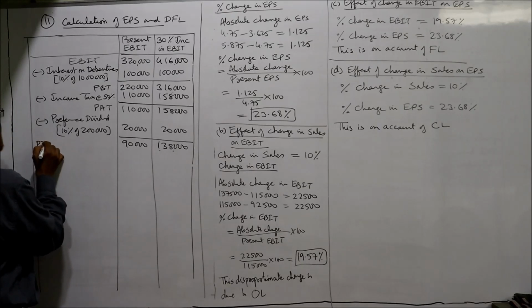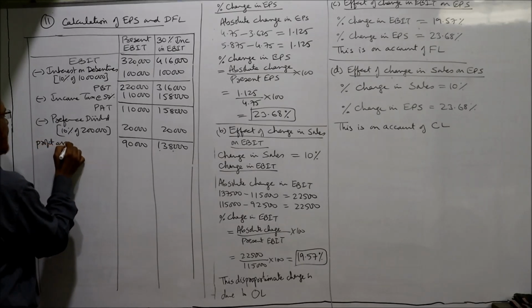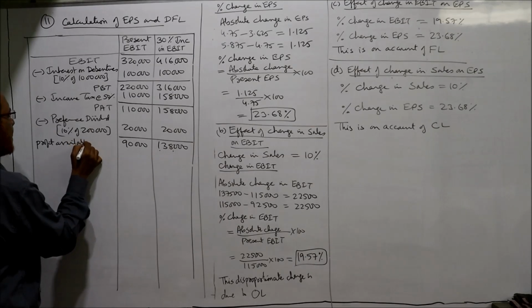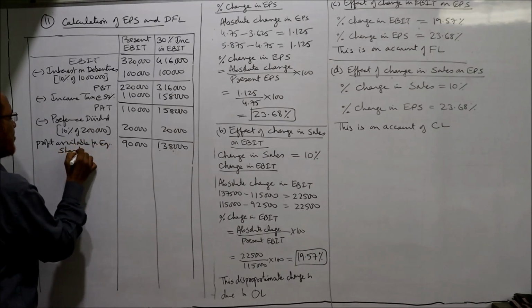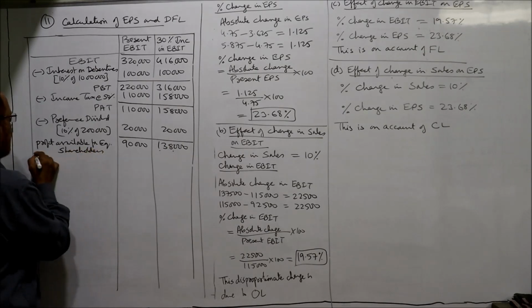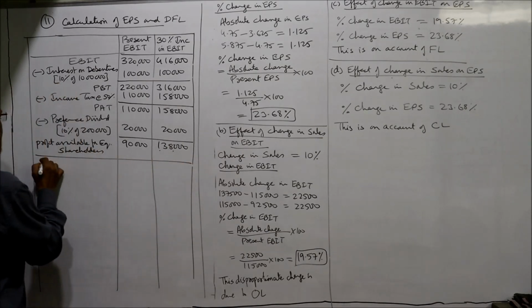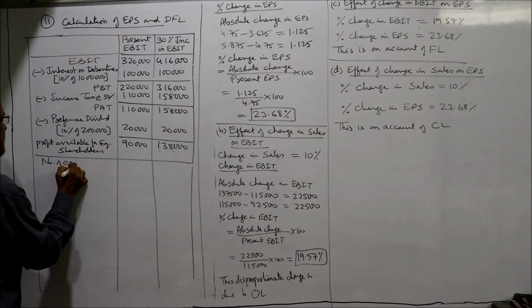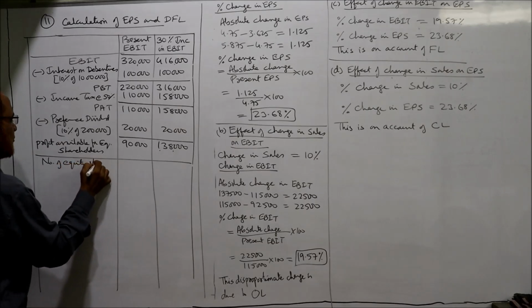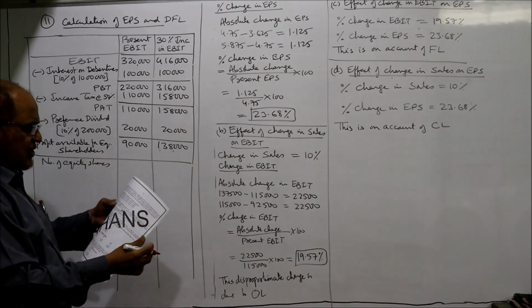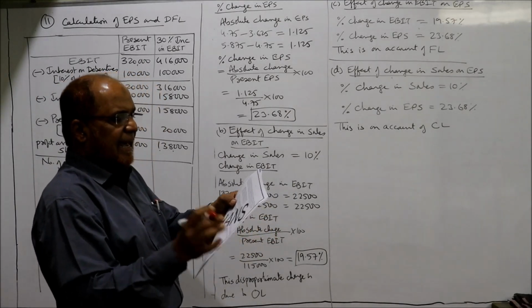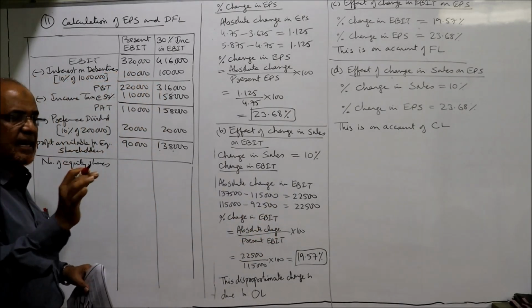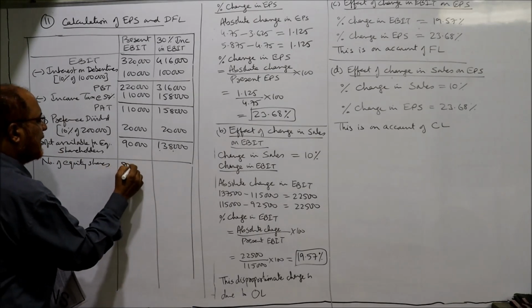This is the profit available for equity shareholders. Now the number of equity shares given in the problem: equity shares of rupees 10 each, rupees 8 lakhs. So 8 lakhs divided by 10, you will get 80,000.